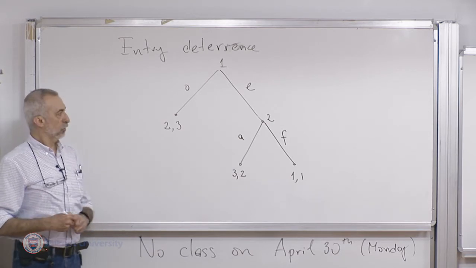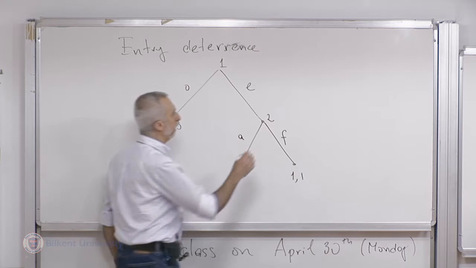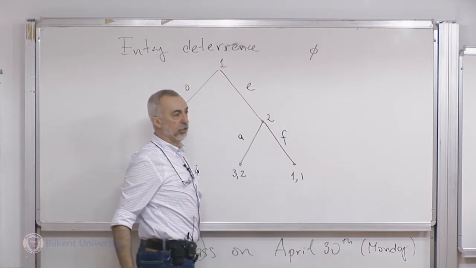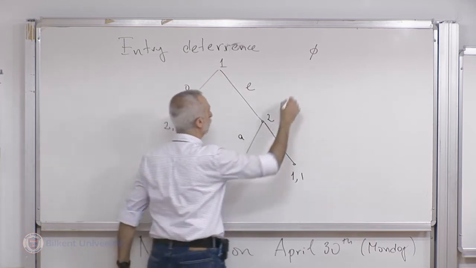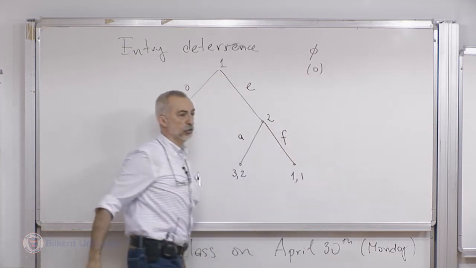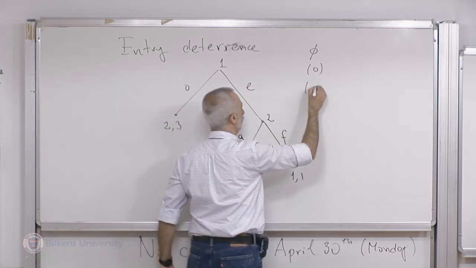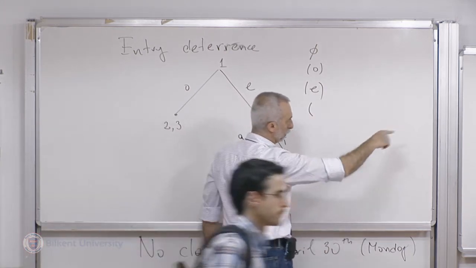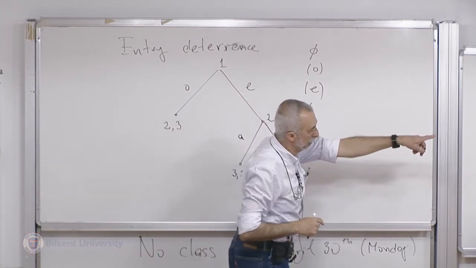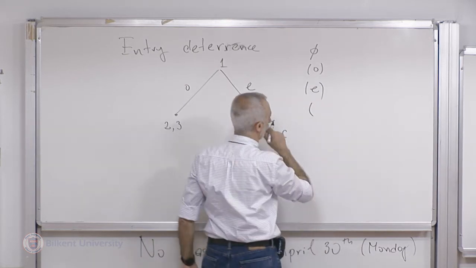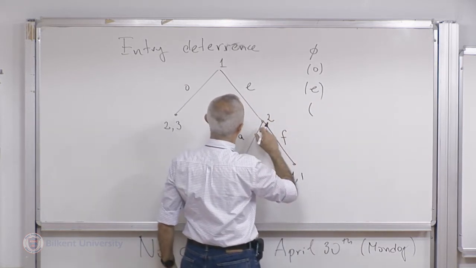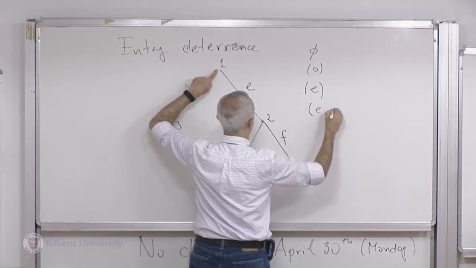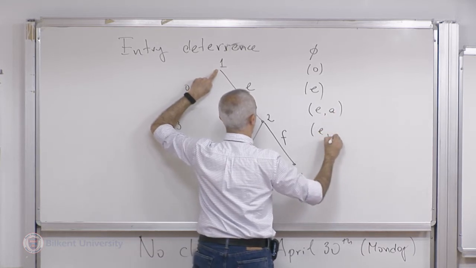Okay. So we had the histories, the empty history, which denoted the beginning of the game, the history denoted with the sequence O, the history denoted with the sequence E, and the history where firm 1 enters and firm 2 accommodates, enters and fights.